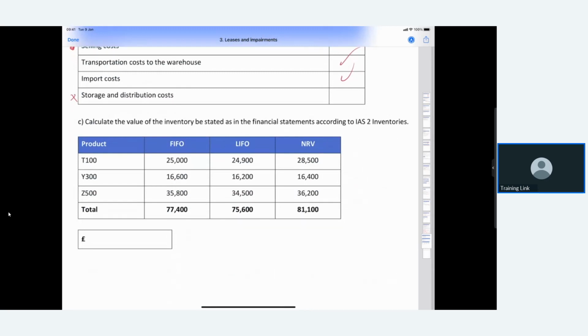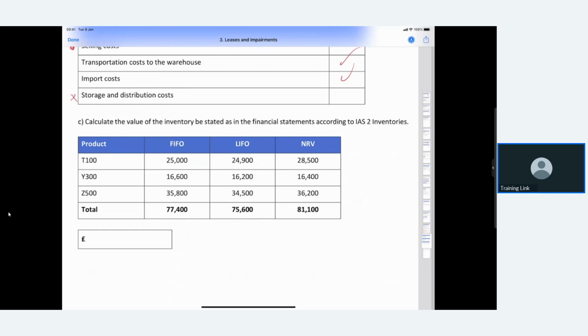Part C, calculate the value of inventory to be stated in the financial statements according to IAS 2 Inventories. As we said, inventory needs to be valued at the lower of cost, i.e., what it cost you, and the net realisable value, which is effectively what you can sell it for, less any costs to sell or repair costs to get it in a sellable condition.